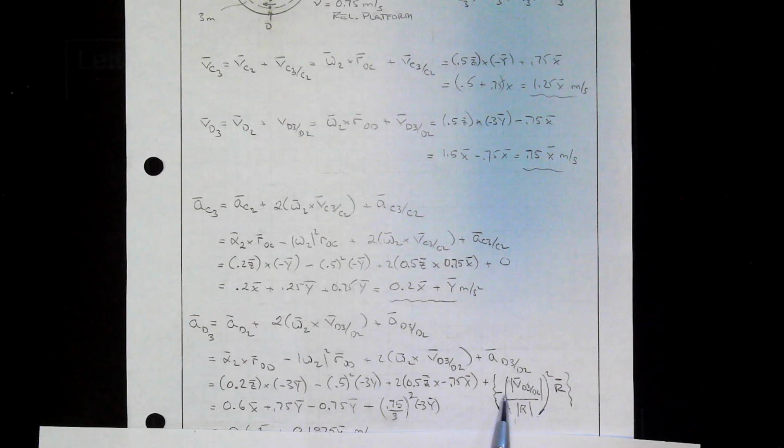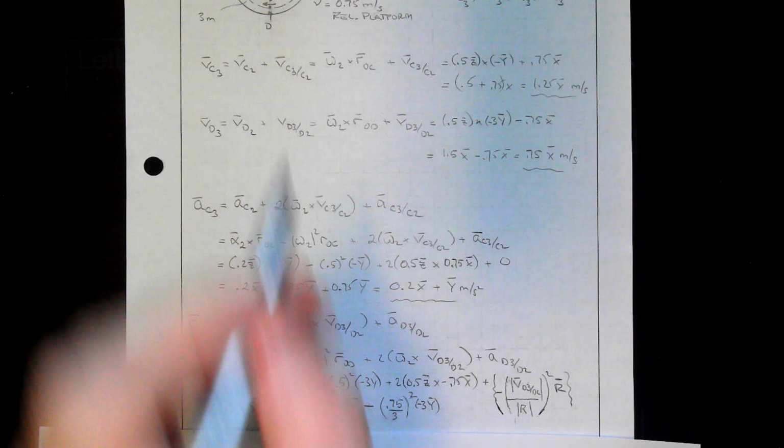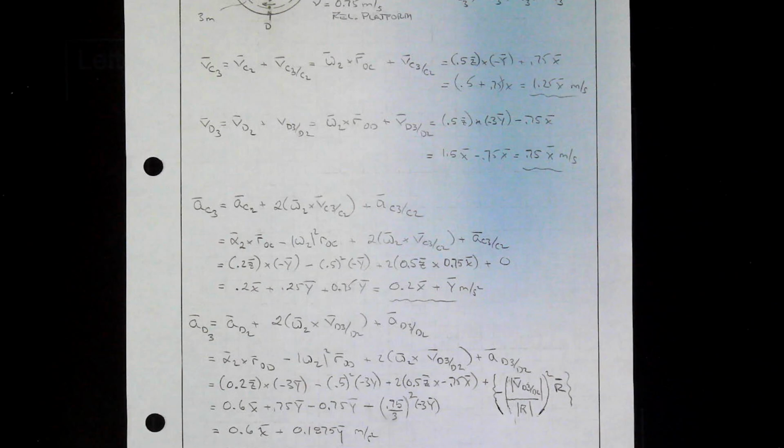So that's 0.75x. That's their perspective of what they see. So here's omega cross R to get C on link 2, 0.5z cross minus y. Then here's our relative velocity, 0.75x. Add them up, done. 1.75x meters per second.